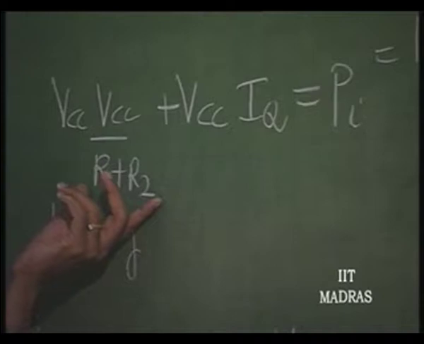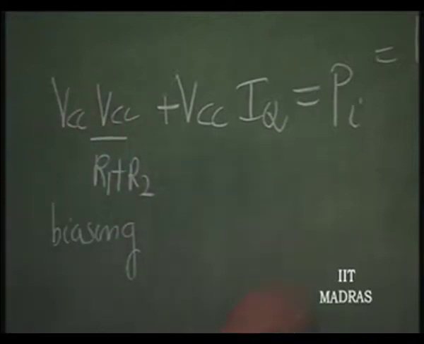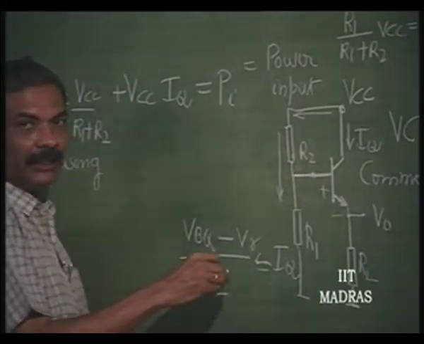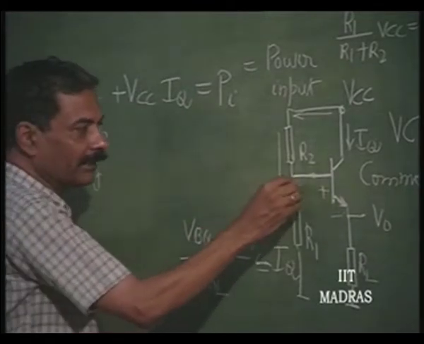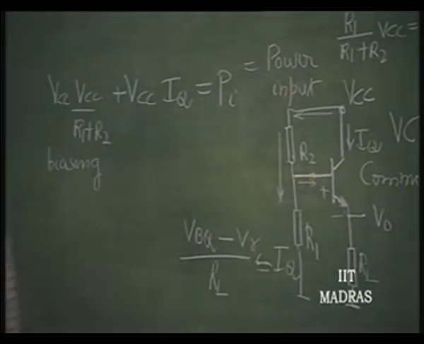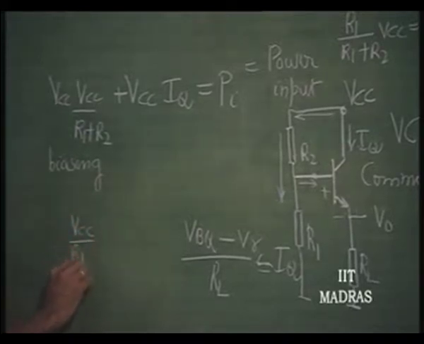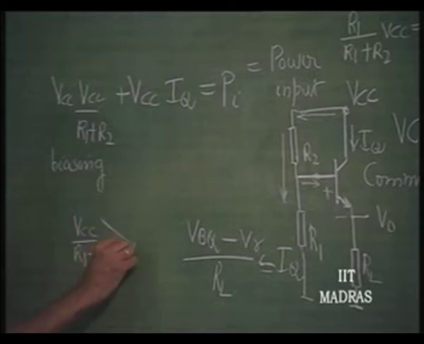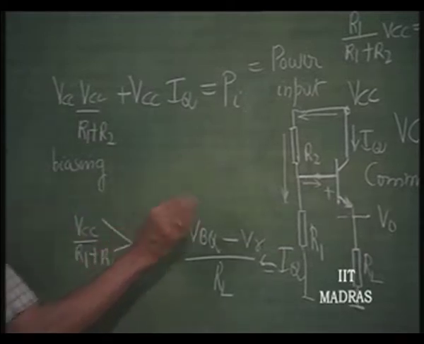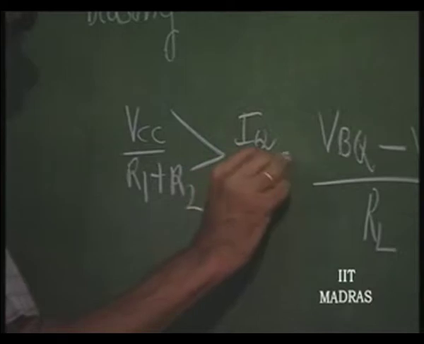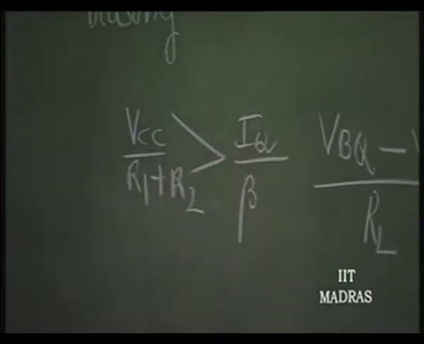By selecting R1 plus R2 large, not too large, because this current VCC by R1 plus R2 should definitely be much greater than the base current. We have ignored that base current. That means, this current VCC by R1 plus R2 should be definitely greater than IQ divided by beta. This is, let us say, beta minimum, worst case.